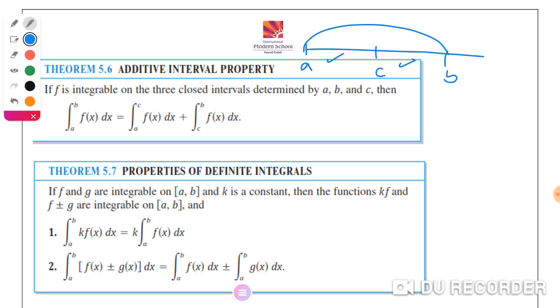For example, the definite integral from a to b will be the sum of the definite integral from a to c and from c to b, as you see. If the definite integral here is 5 and here is 3, then the definite integral from a to b will be 8.